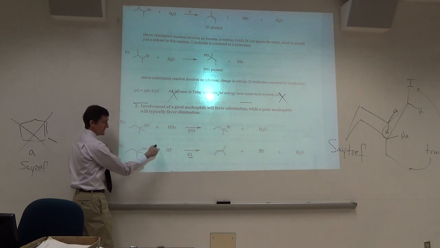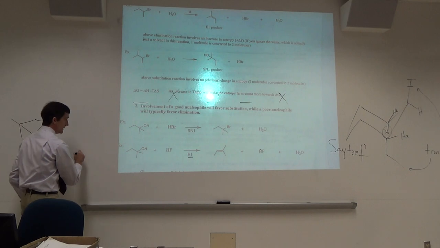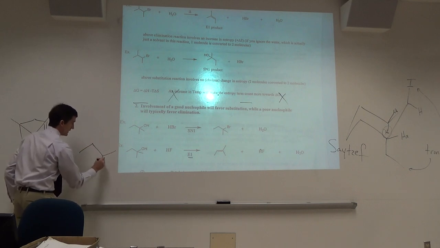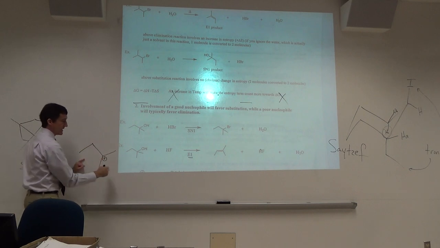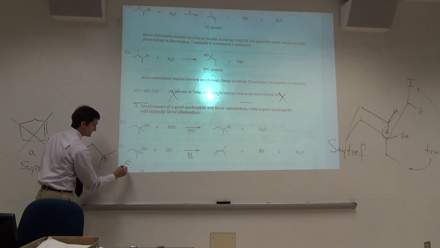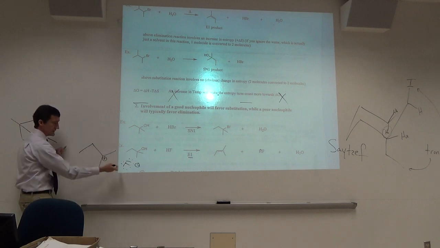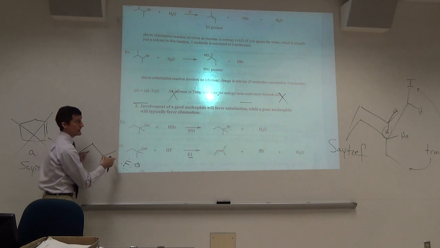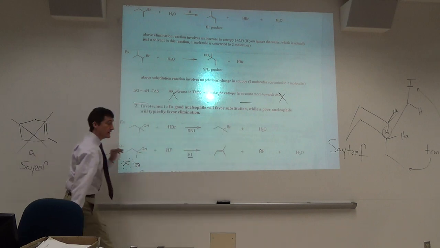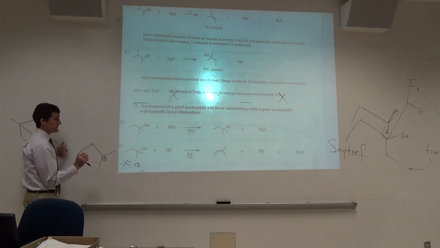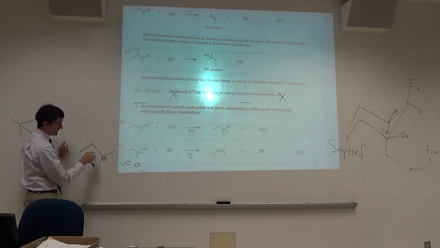You protonate this with the acid, that is an acid. Water ionizes off to give this cation. And then the F minus, instead of adding to the cation and giving you an analogous substitution product, instead it acts as a base. And how do you get the final product?